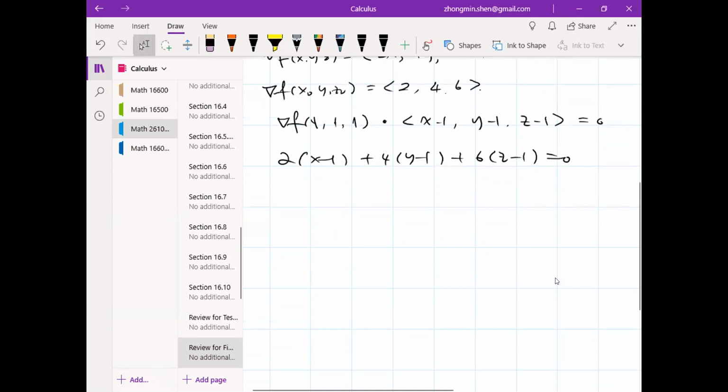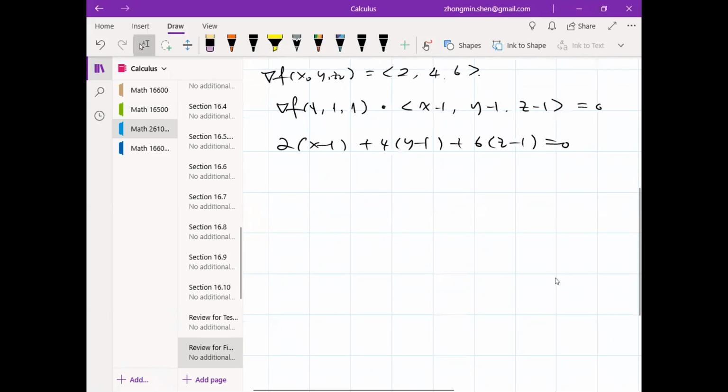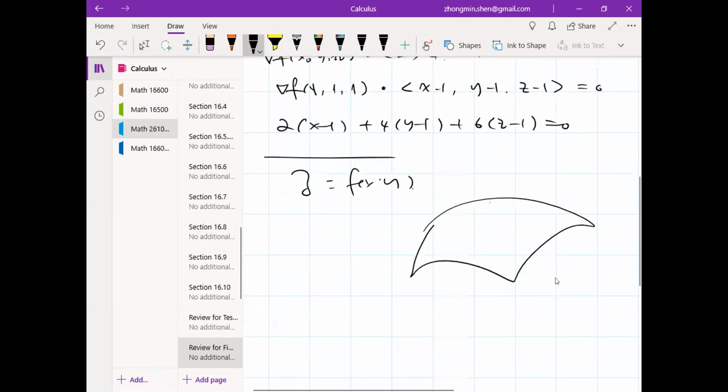Now, if this is a graph of a function, how do you find the tangent plane? For the graph of a function, there's another way to find the tangent plane. For the graph of a function, z equals f(x, y), and then it's just a graph. So you can parameterize the surface using the function, using knowledge from the last chapter.